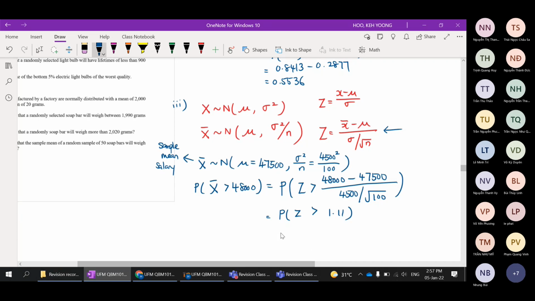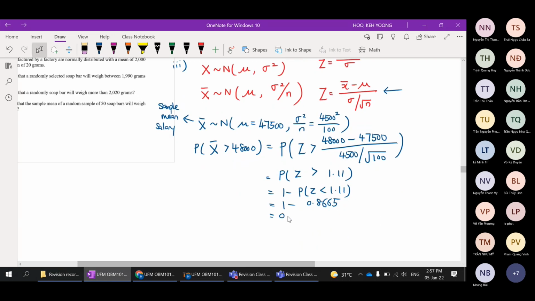So you're going to find Z more than 1.11, so take 1 minus the probability of less than 1.11. This one you refer to the statistical table, then you will get the answer, 0.1335.